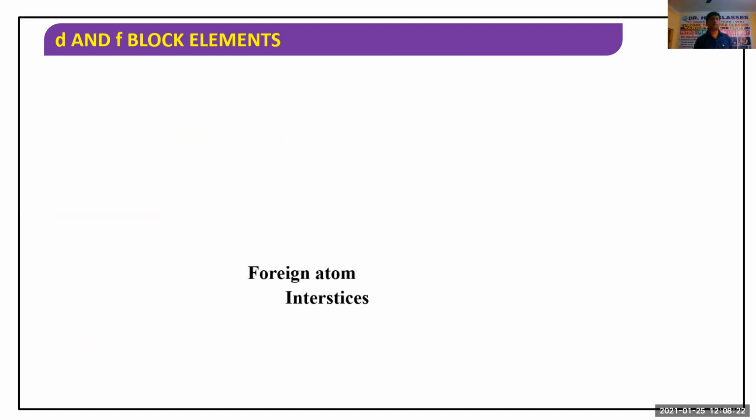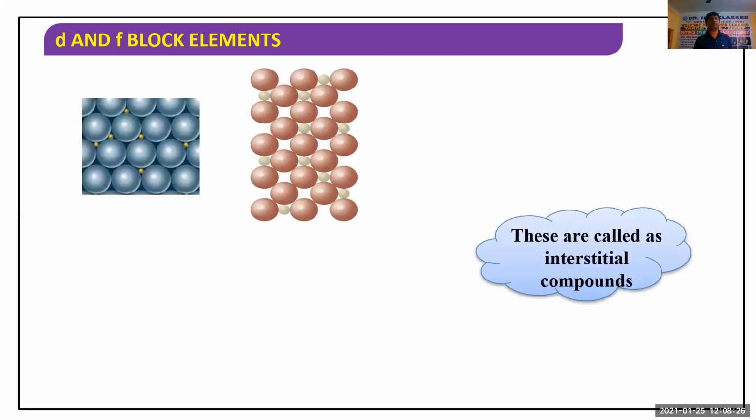This is known as interstitial compounds. This gap is known as interstitial position. And in this interstitial position, if there are some impurities, that means foreign elements, it is known as interstitial compounds.